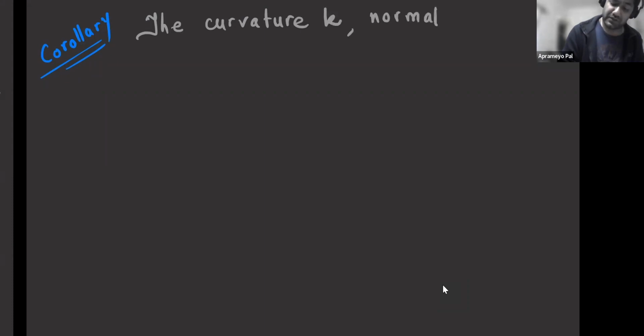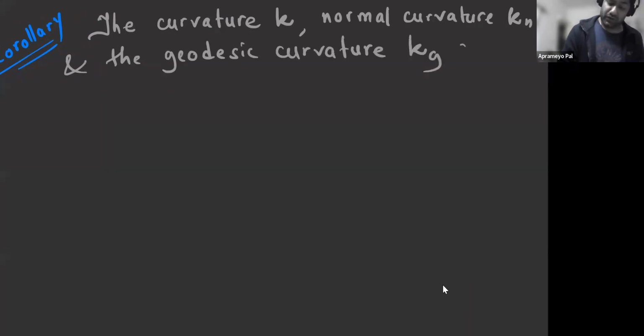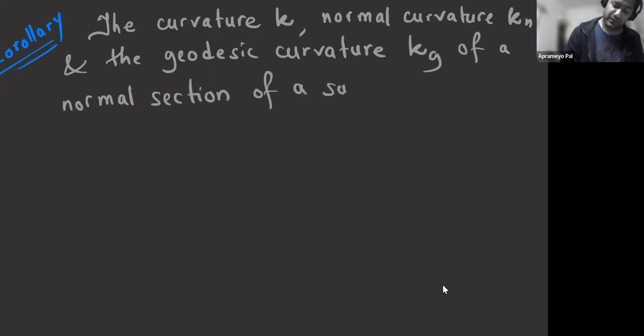Corollary: the normal curvature kappa n and the geodesic curvature kappa g of a normal section of a surface are related by these following formulas.